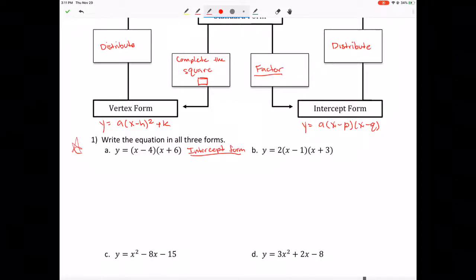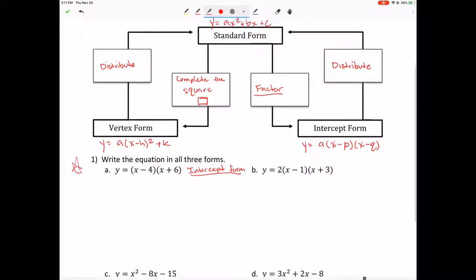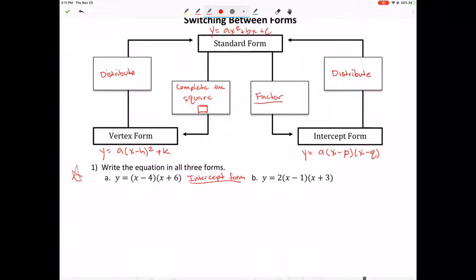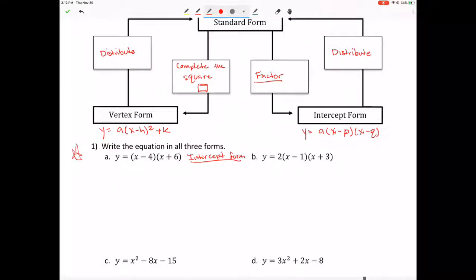So now we don't have to worry about that one. We already have one of them, so we just need to find the other 2. So if we have a problem that's in intercept form, we follow the diagram. What we're going to do next is we're going to distribute to get our standard form. So we'll write standard. Okay, so to find standard form, we distribute.